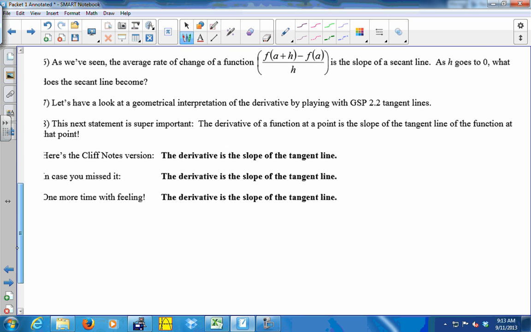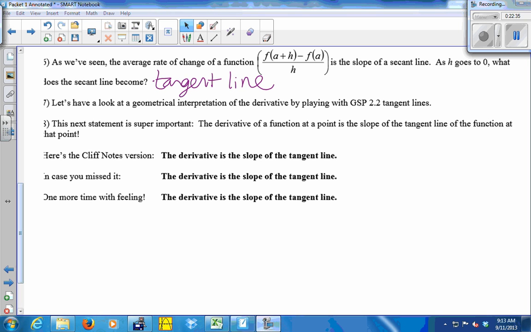So as we've seen, the average rate of change is the slope of a secant line. And as h goes to 0, that secant line becomes a tangent line. Good. So we're going to take a little look at a geometrical interpretation, little animation.